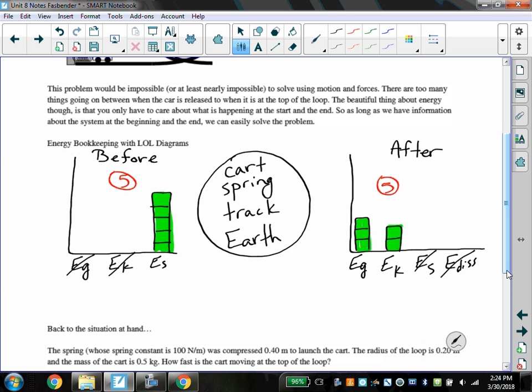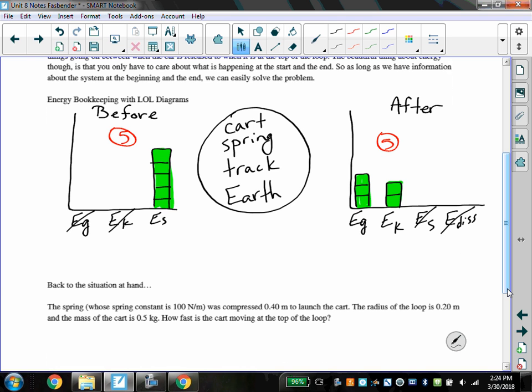Now this LOL diagram makes it really easy for us to do what's called writing an energy equation. An energy equation just says whatever kind of energy you have at the beginning has to equal whatever kind of energy you have at the end. So for us, we'd say that spring energy at the beginning has to equal gravitational plus kinetic energy at the end.